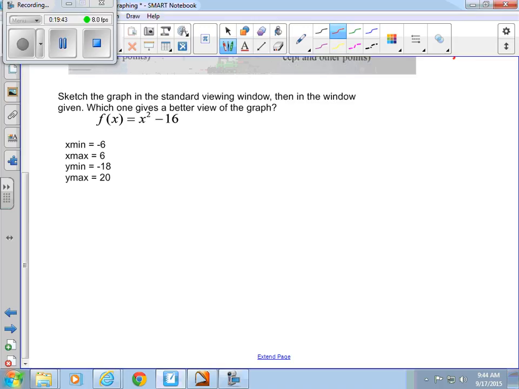That will always take you back to a negative 10 to 10, negative 10 to 10 window. So just type that in and then go to zoom 6. That'll get you your standard viewing window, which is negative 10 to 10, negative 10 to 10.